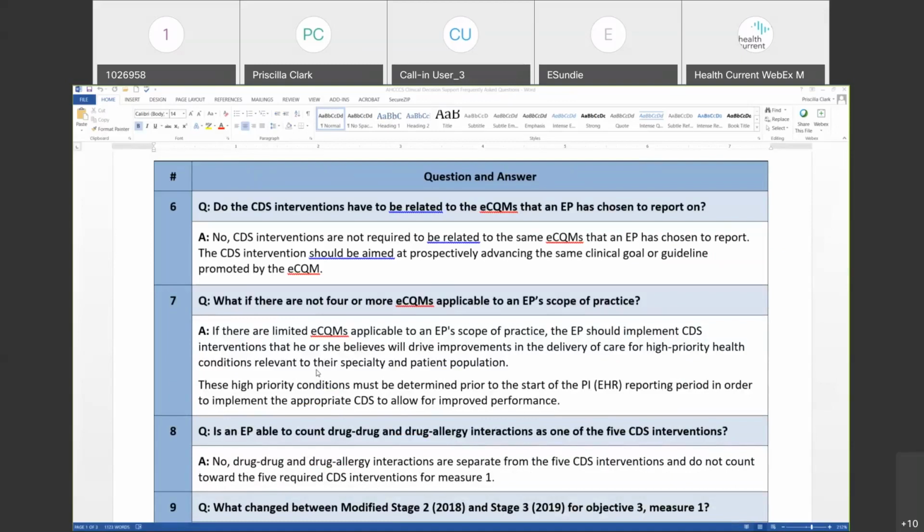These high priority conditions must be determined prior to the start of the PI reporting period in order to implement the appropriate CDS to allow for improved performance. So just make sure you're keeping track of that. If you think there's a concern that you would fall into that scenario of not having 4 or more eCQMs applicable to the EP's scope of practice, make sure you're looking at that ahead of time, before the PI reporting period, to make sure the appropriate CDS rules are turned on.